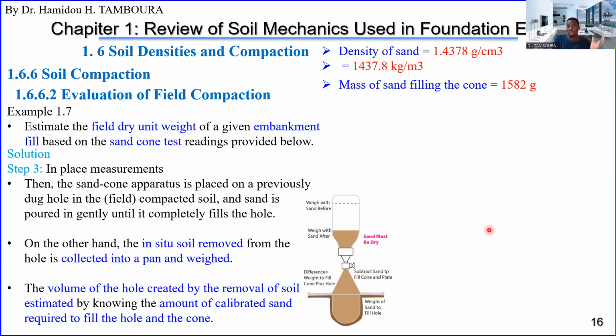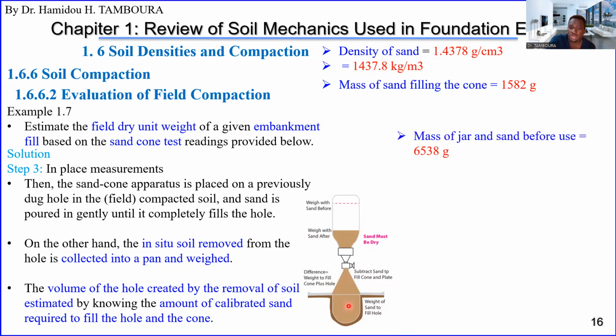So the previous one minus the new weight will give you the weight of this and this. And of course, you know already the weight to fill the cone. So by making the result minus the weight to fill the cone, you will obtain the weight of sand in the hole. And if you know the weight of sand in this hole, you will know the volume of this hole because you know already the unit weight of this sand.